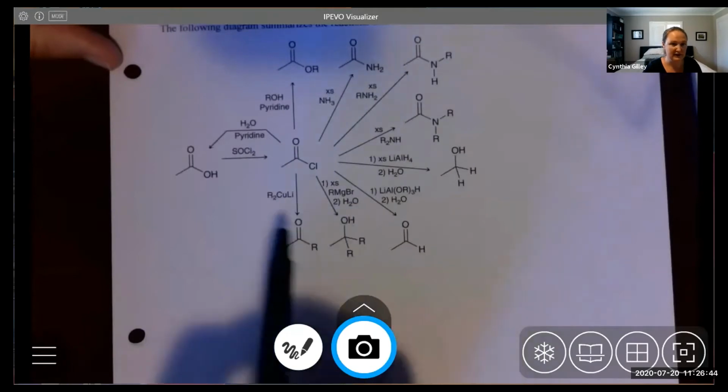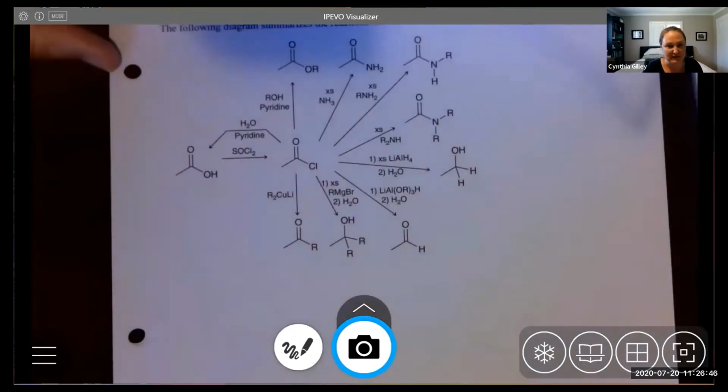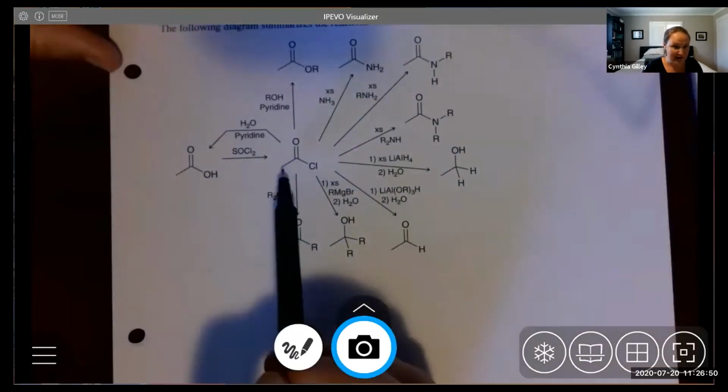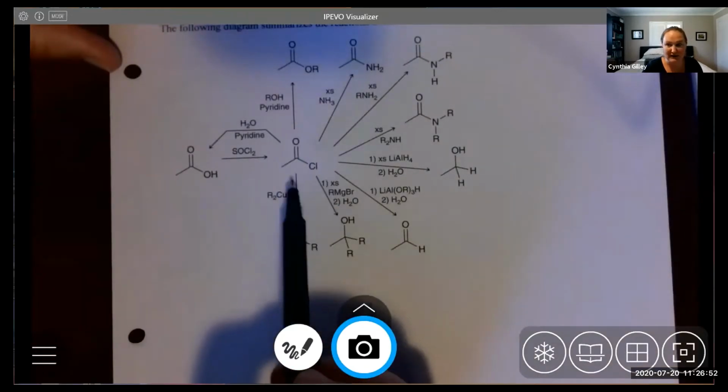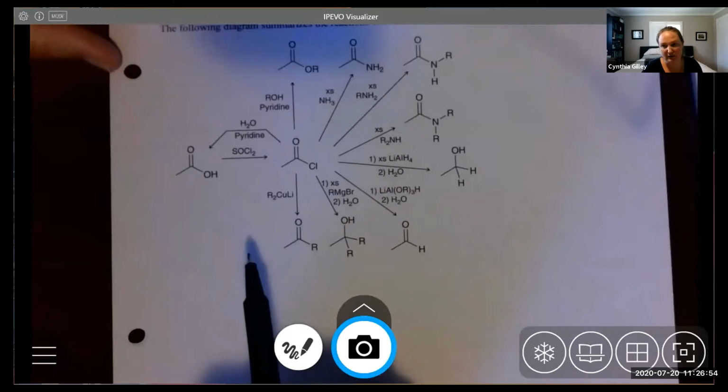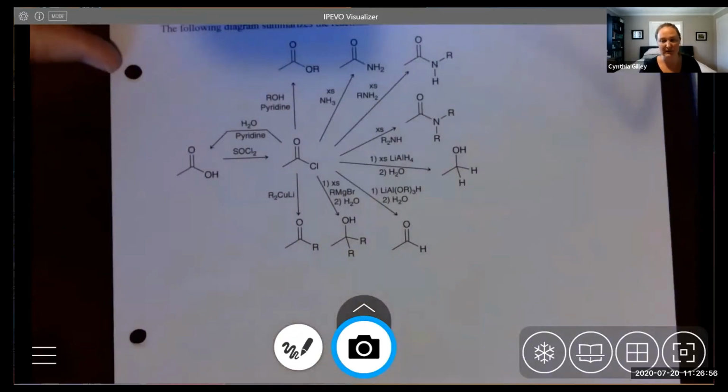Okay, the difference is the leaving group is different, but that doesn't really matter, right? It's like saying, should you classify an alkyl bromide different than an alkyl chloride? No, right? They just possess a different leaving group, but they react the same way. So anything that an acid chloride can do, an anhydride can do, pretty much the exact same way, just a different leaving group.